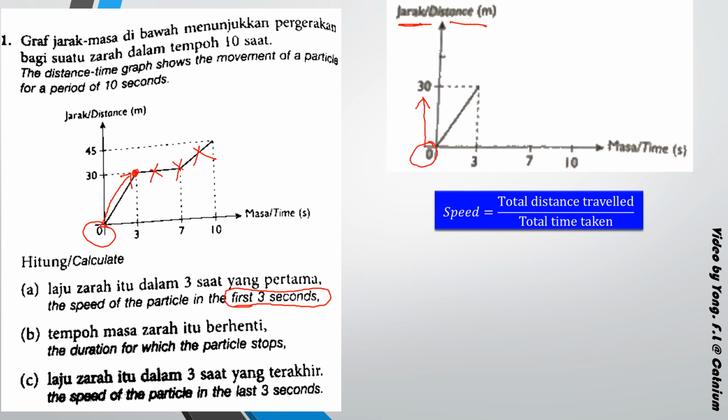So speed equals the final distance 30 minus 0, divided by the time, which is from 0 to 3, so 3 minus 0. The answer is 30 divided by 3, so it's 10. This is for question number A.